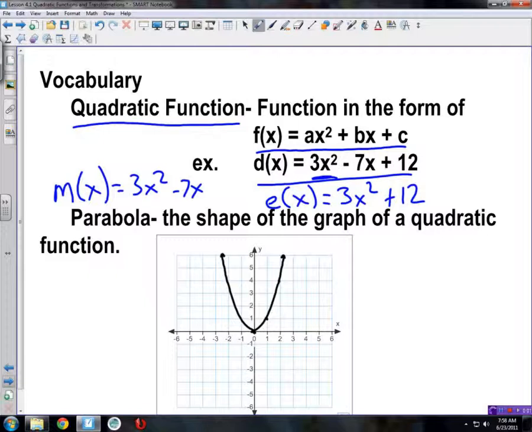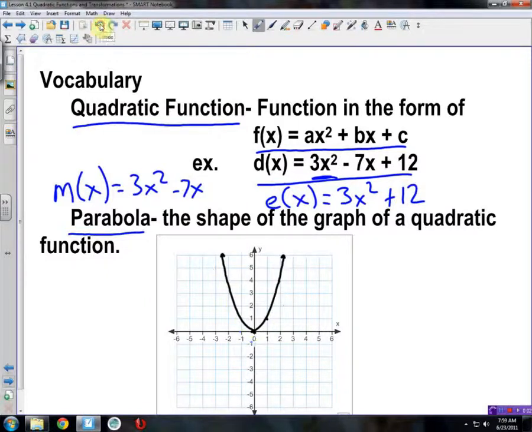So a quadratic function has a special type of graph, and that's called a parabola. That's the shape of a quadratic function. Now you see one here, and it's this U shape.